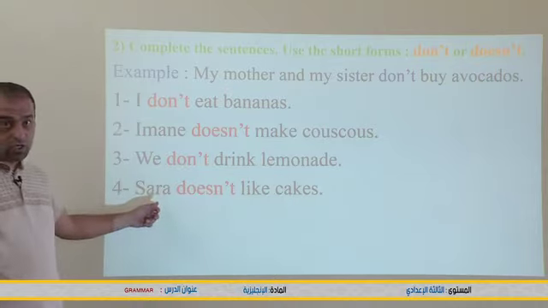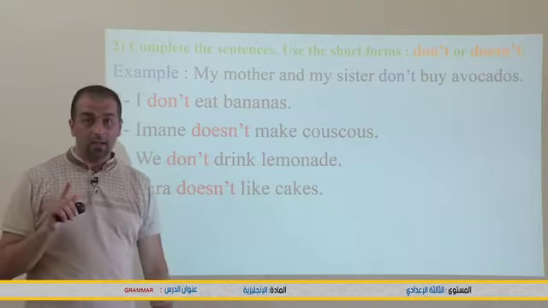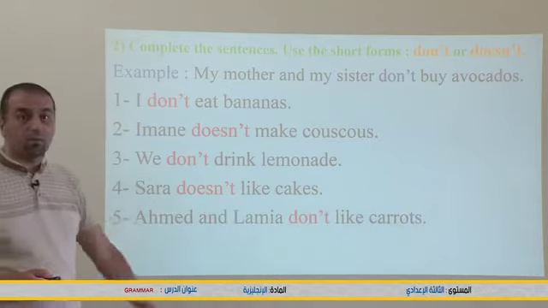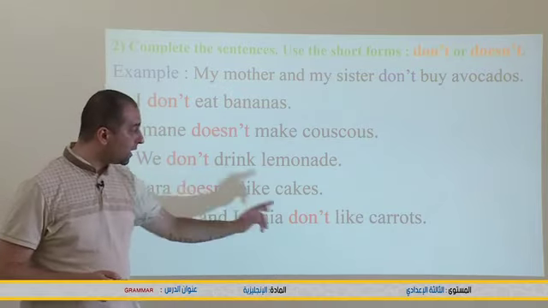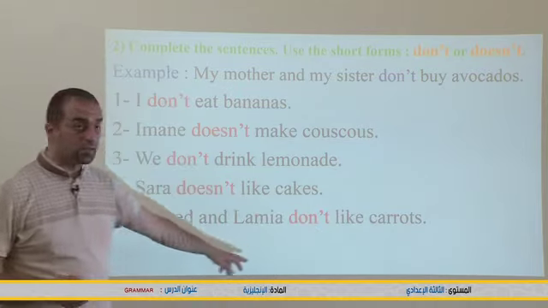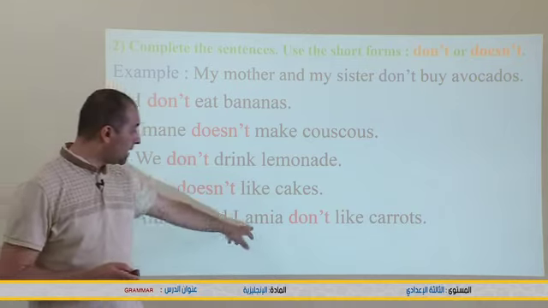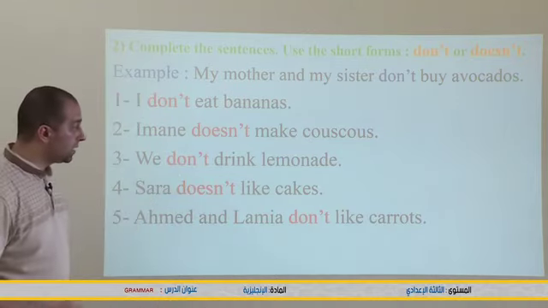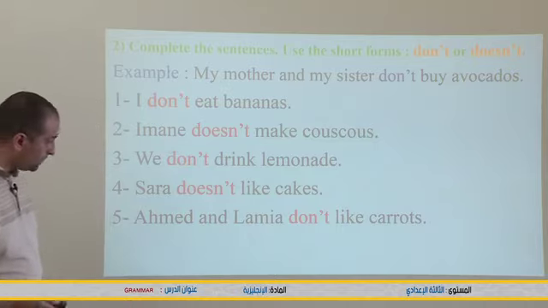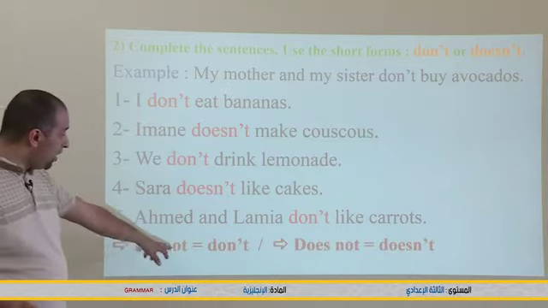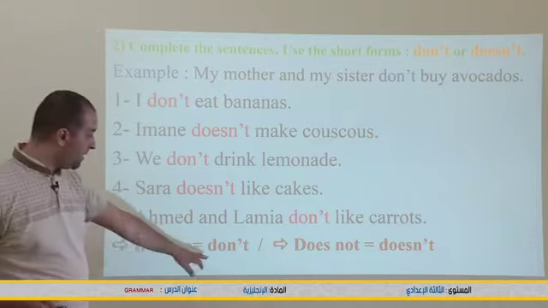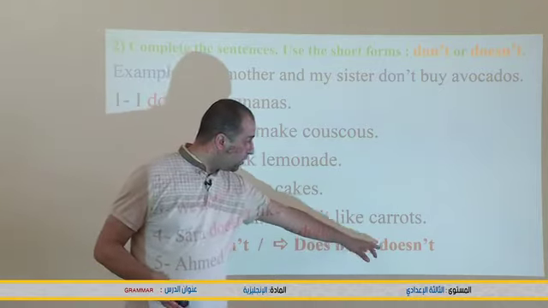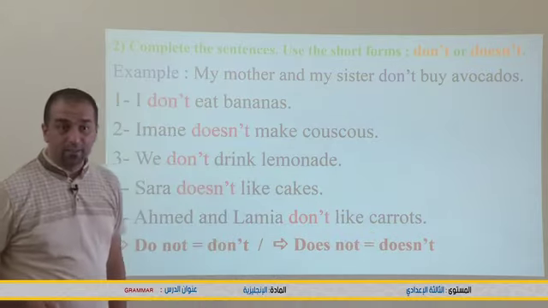Sarah, so she doesn't like cakes. Number 5, Ahmed and Lamia don't like carrots. So the subject pronoun, Ahmed and Lamia, they don't like carrots. So do not is the full form of don't, and does not is the full form of doesn't.